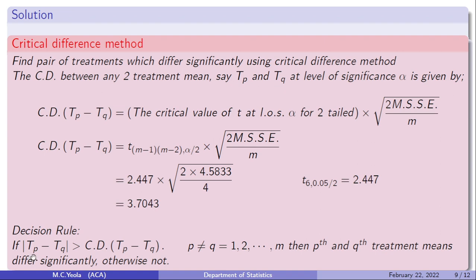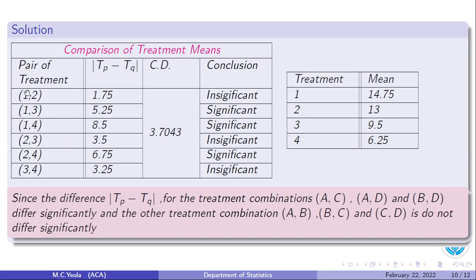Then we have this decision rule: if the absolute value of T_P minus T_Q, meaning the corresponding treatment means, is greater than CD(T_P minus T_Q), for P not equal to Q, with i equal to 1 to m, then P and Q treatment means differ significantly, otherwise not. So we have taken these treatments here.